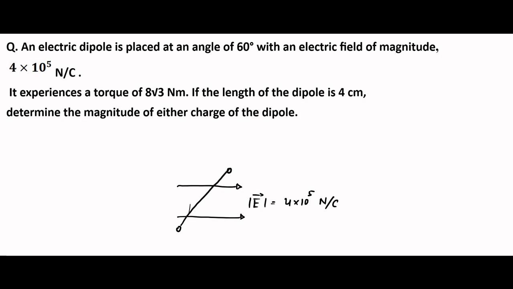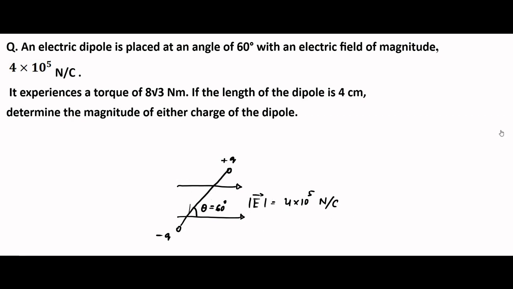The dipole makes an angle of 60 degree with respect to the electric field. So here the value of the charge on the dipole is not given. We have to determine the magnitude of the charge on the dipole.